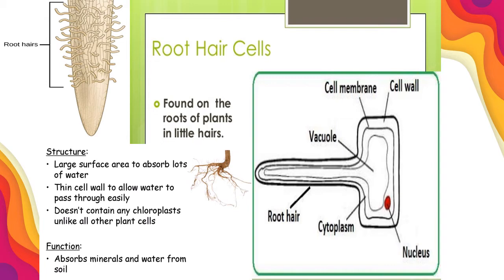They are very tiny, but they are in large number. They are also thin-walled. Unlike a typical plant cell, they do not contain any chloroplasts.